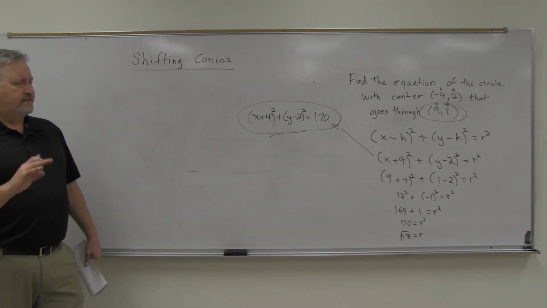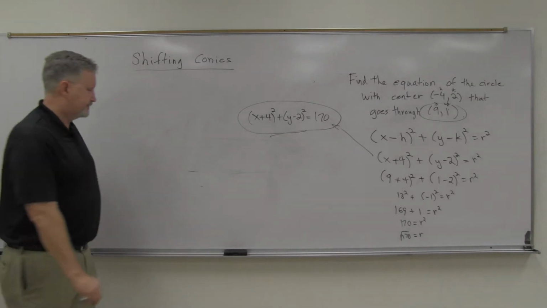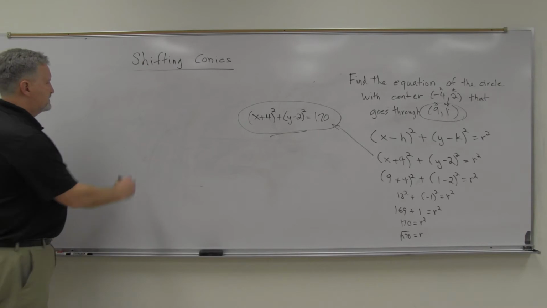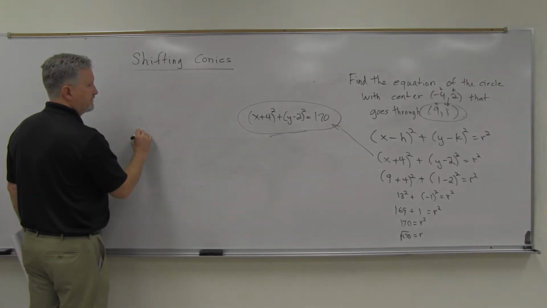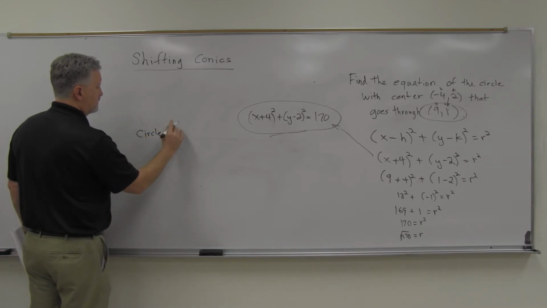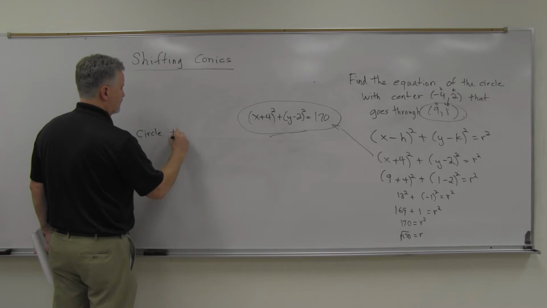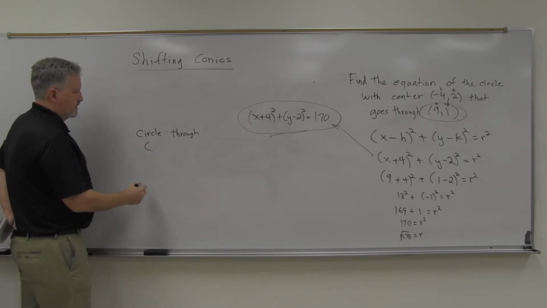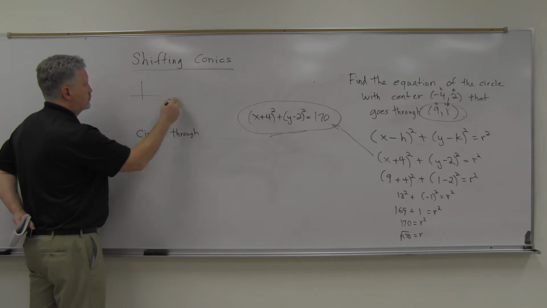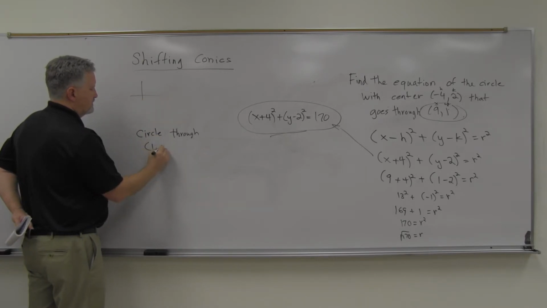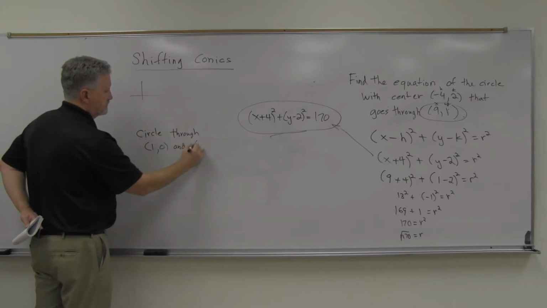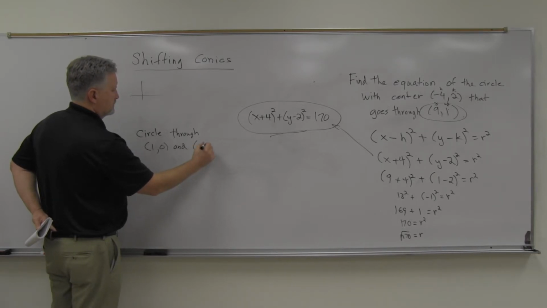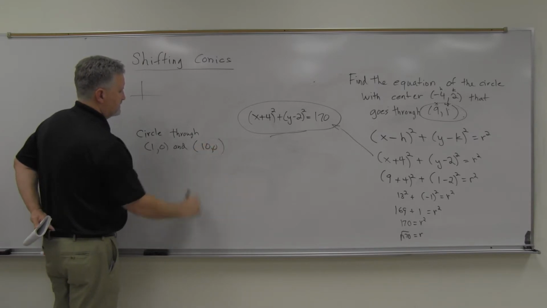The other little piece that you might have to consider, take for example, if I had a circle through 1, 0 and 10, 0.